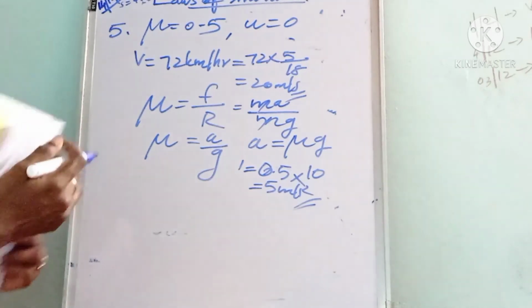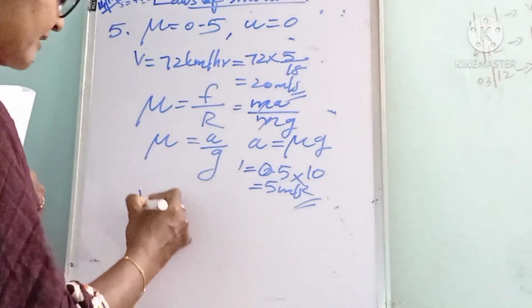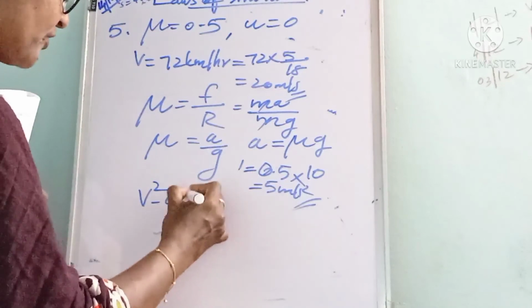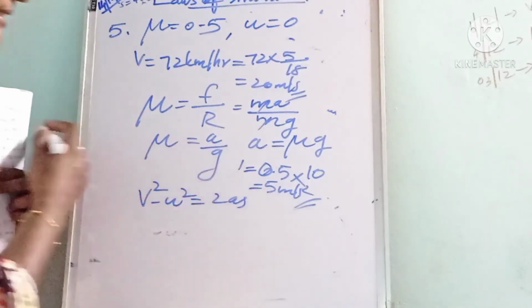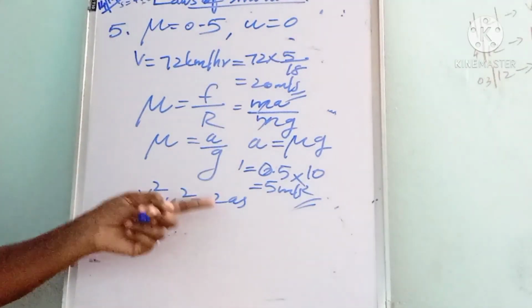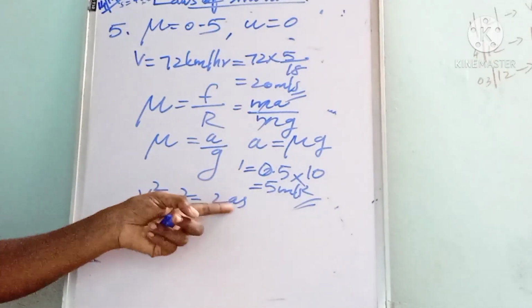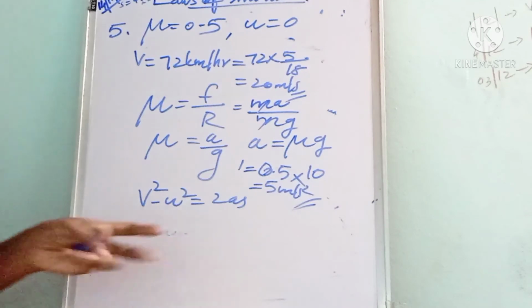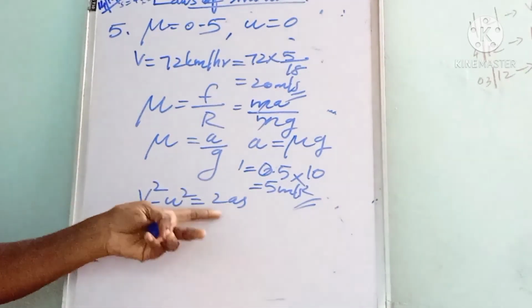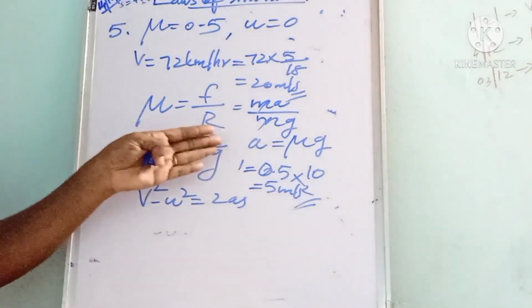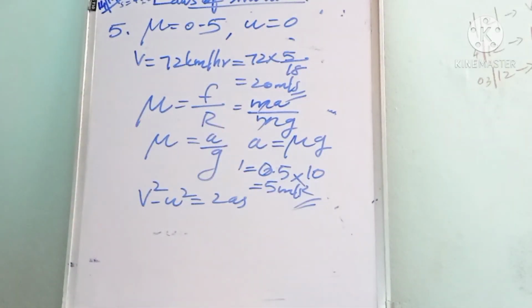Next we have to find the distance. We can consider the relation v square minus u square equal to 2as. This is the equation for finding the distance s. We should know the value of a before we can substitute here, that is why we first calculated the acceleration.